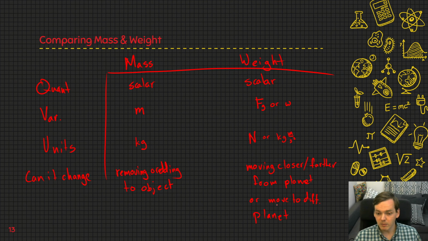So if you went to the Moon, your mass would not change, but your weight would. If you were orbiting the Earth, your mass doesn't change, but your weight does, ever so slightly. So that's the four main things. Hopefully you can see the distinction here. As we work with it, it should also become clearer.